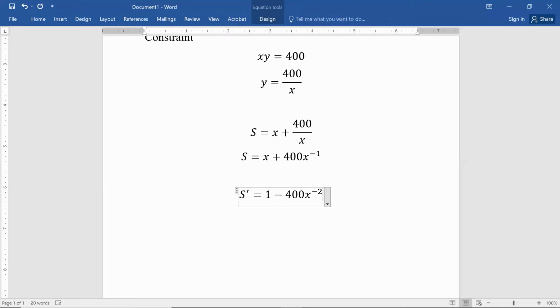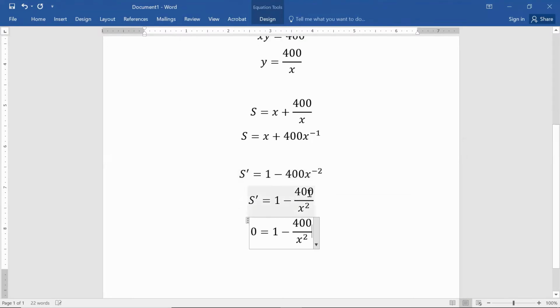Or you could have also written that as 1 minus 400 divided by X squared. We set that equal to 0 and solve it. I think this is probably just as easy to solve in the 400 over X squared version. So I'll do it that way. You could have also solved it with the X to the minus 2 version.